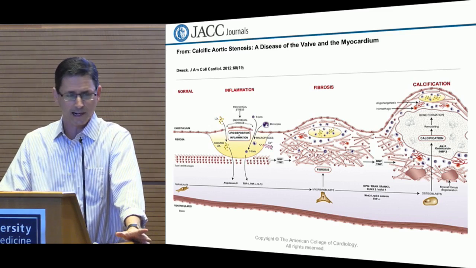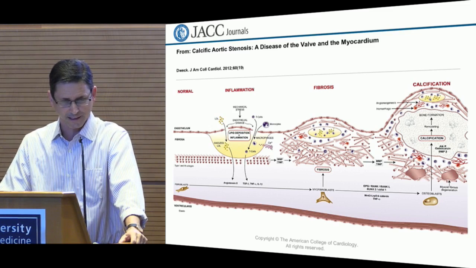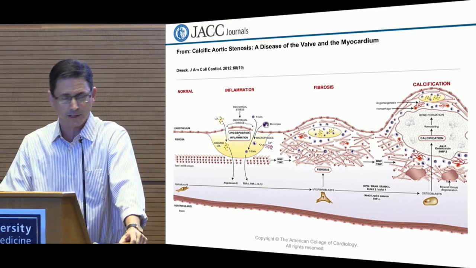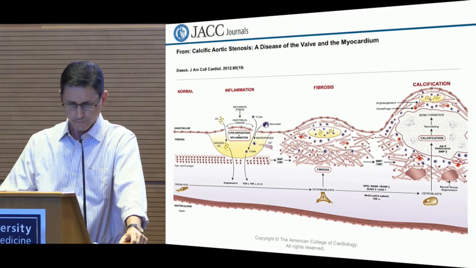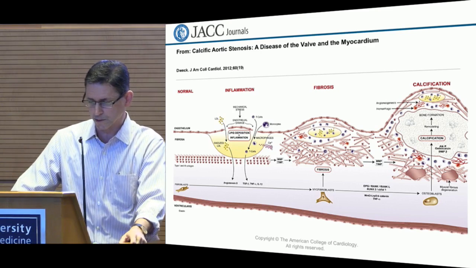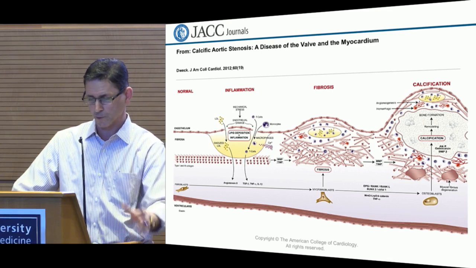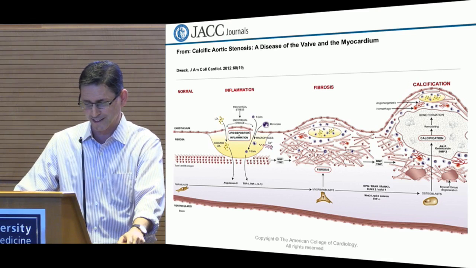This is a nice diagram just to show you the process and show you how complex it is and how progressive it generally is over time, and the different features that occur. And it's always nice to put up an image to make people think that you are smarter than you are, because it looks really complex, and it is.